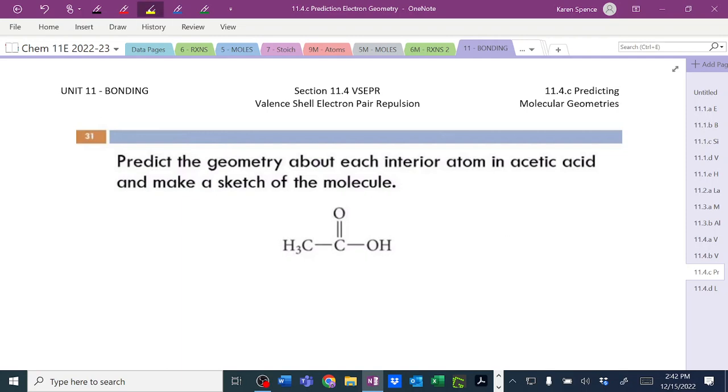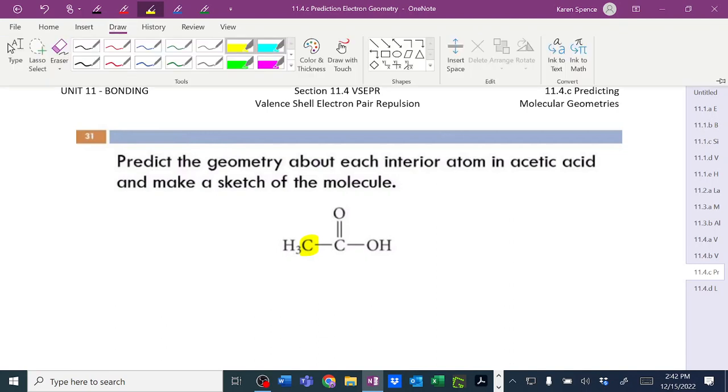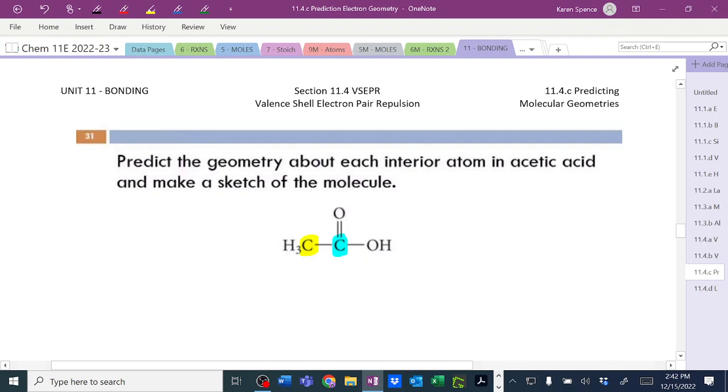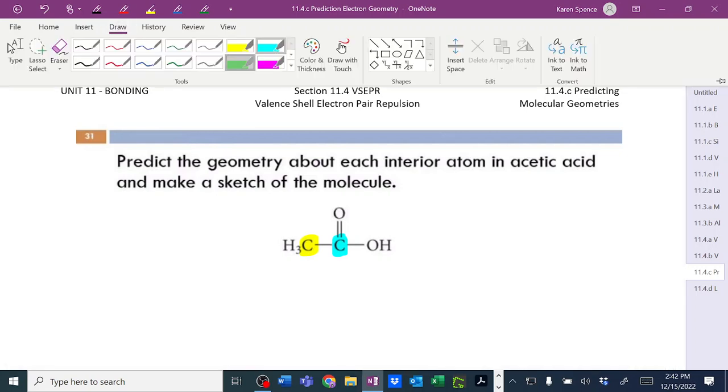So who are the 3? C, the ones in the middle, C and O.